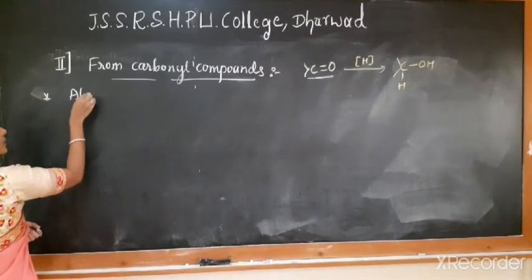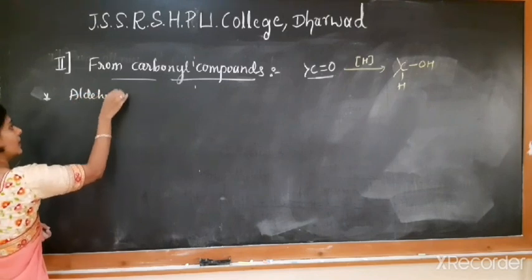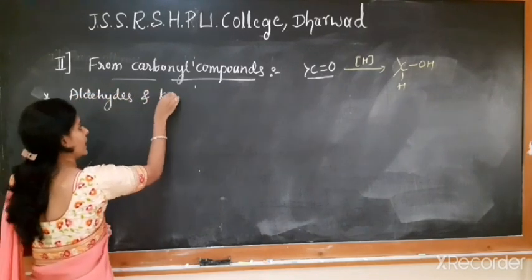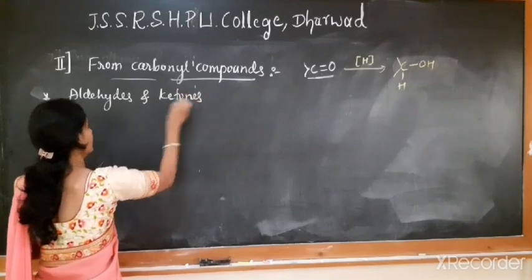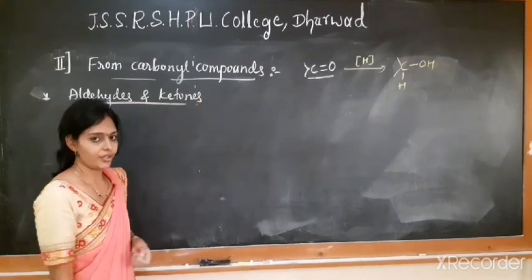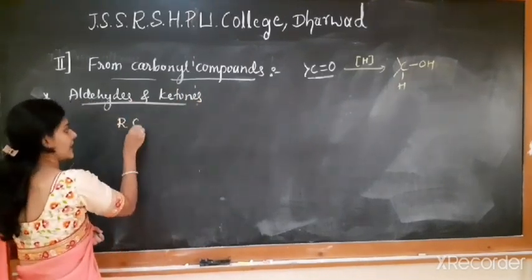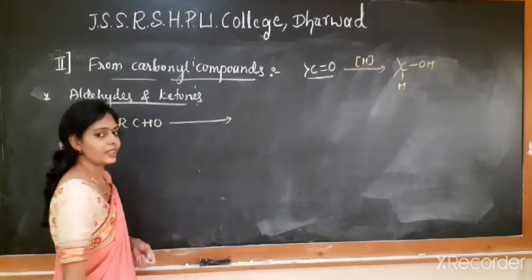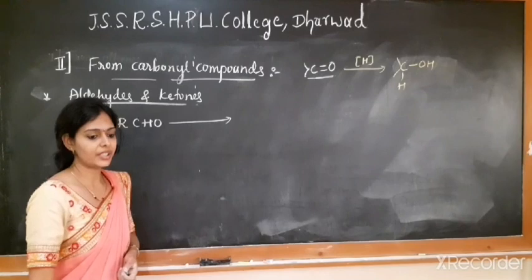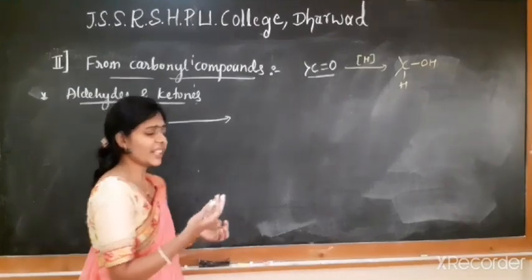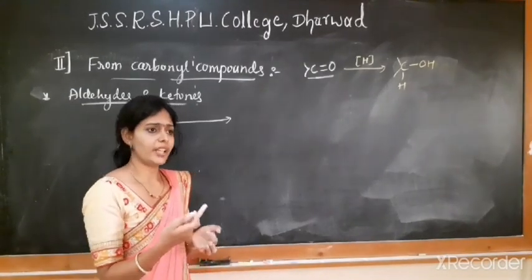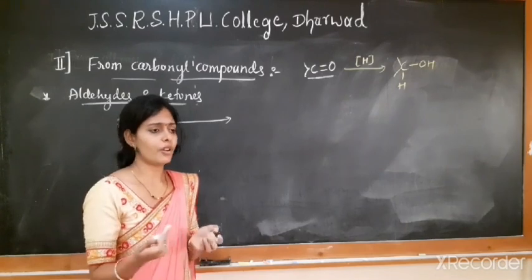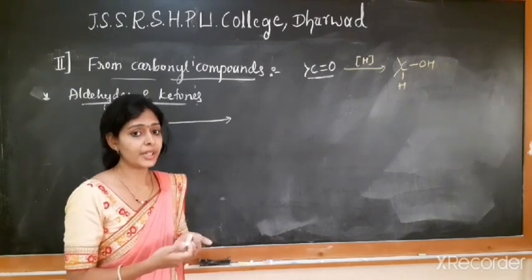Aldehydes and ketones on reduction. Okay, so aldehyde is represented by RCHO. When this is subjected to reduction, reduction can be done by using catalytic hydrogenation, by using sodium borohydride, or by using lithium aluminium hydride.